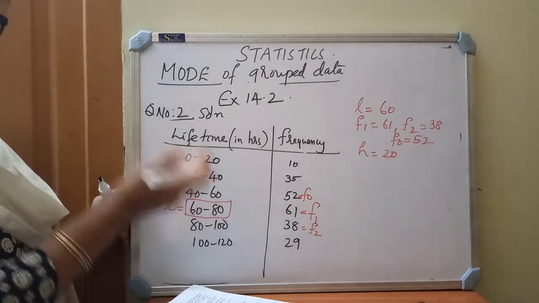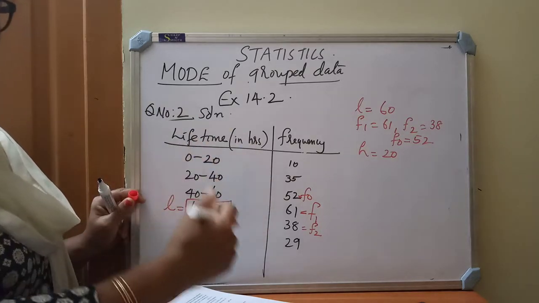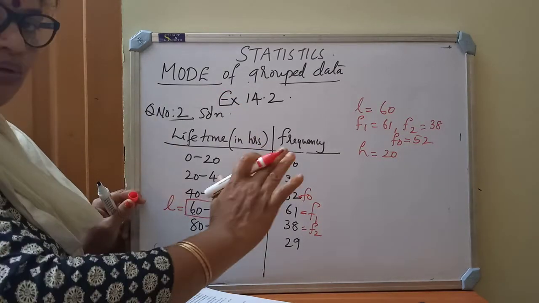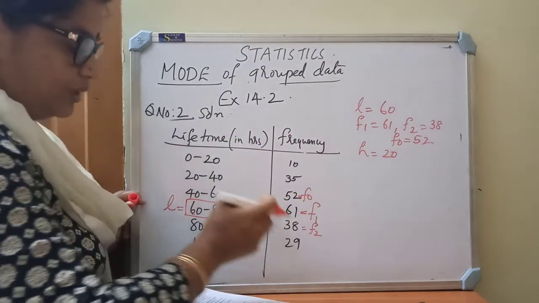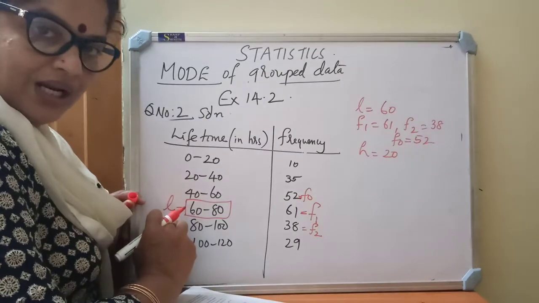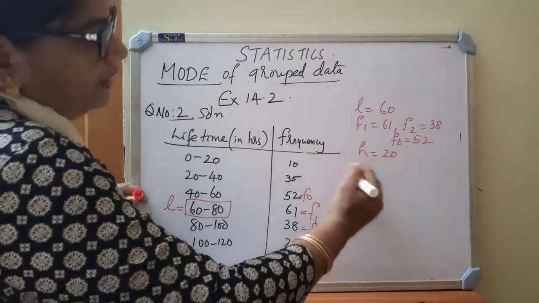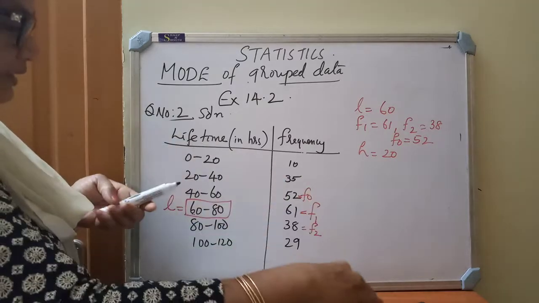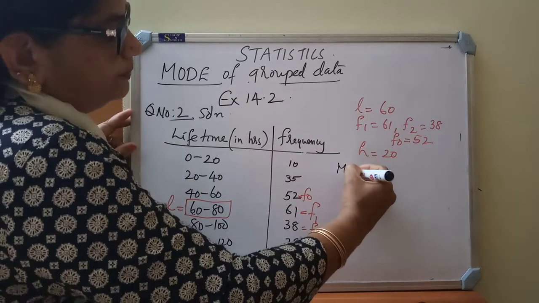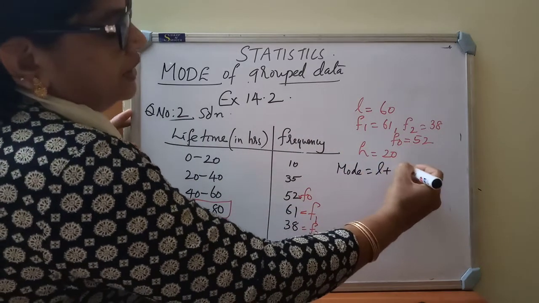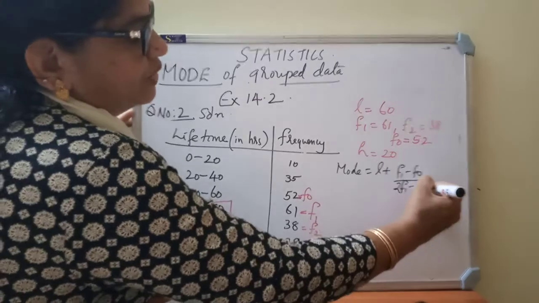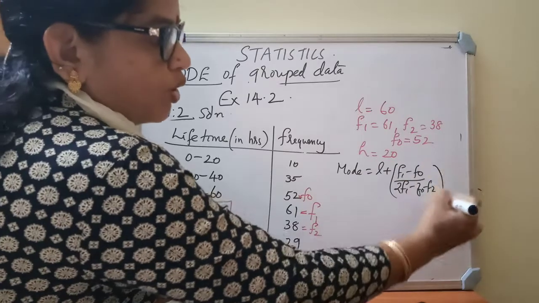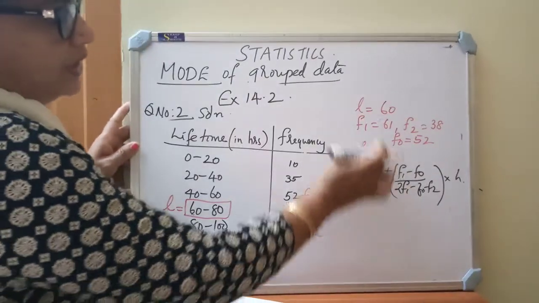Comparatively, arithmetic mean calculation is more work, and mode is very simple. For the question data, we don't want any extra tabular columns here. In the given data, first you must see whichever is the maximum frequency, and that corresponding class interval is the modal class. Then write the formula, mode equal to L plus F1 minus F0 divided by 2F1 minus F0 minus F2, the whole into H. All the data are given here.